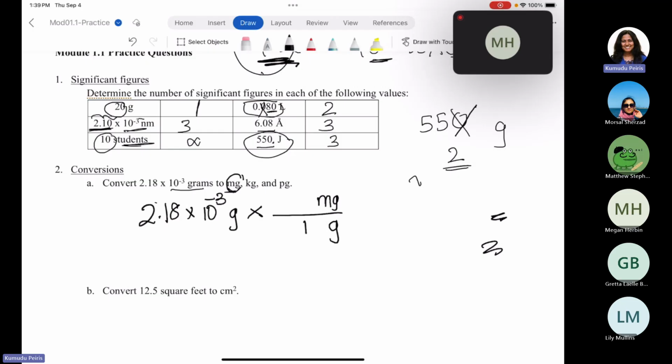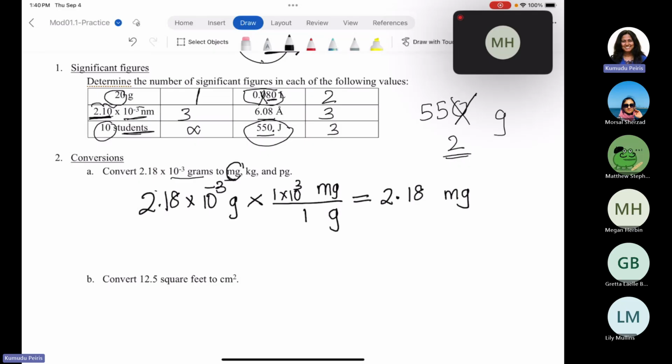So 1 gram equals 1 times 10 to the third milligrams. So that will be easier for you to convert this one. So then the final answer would be 2.18 milligrams. Right.